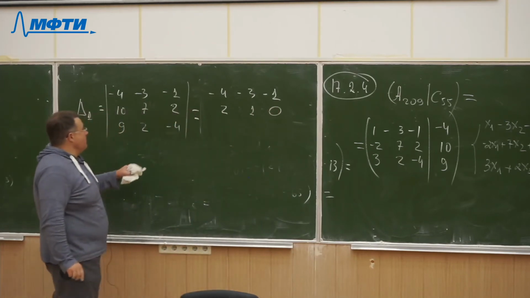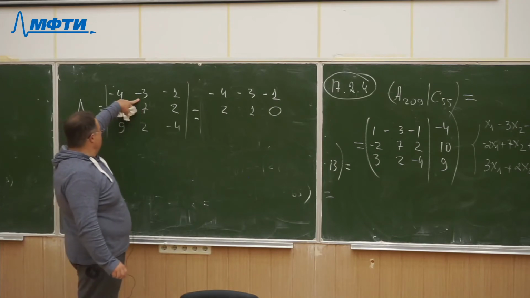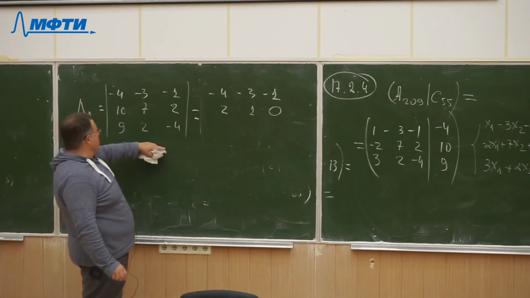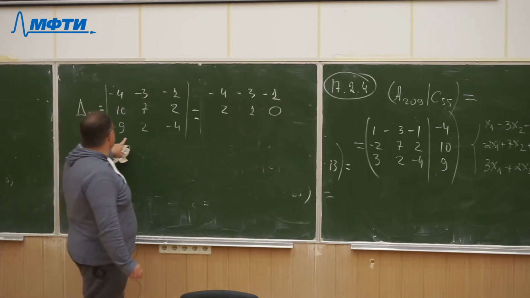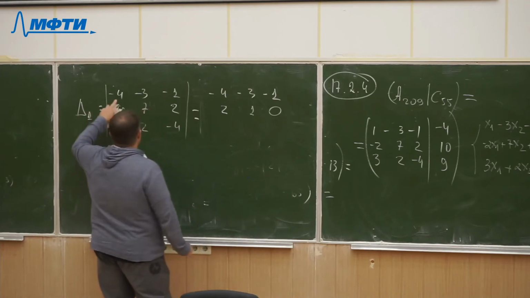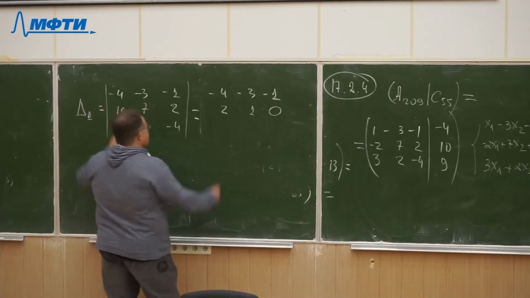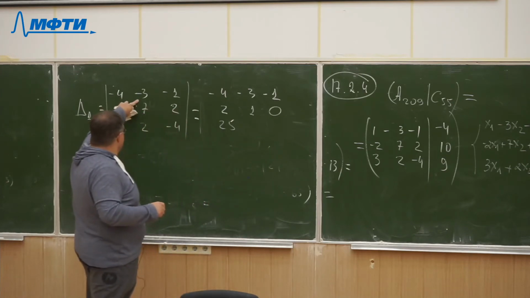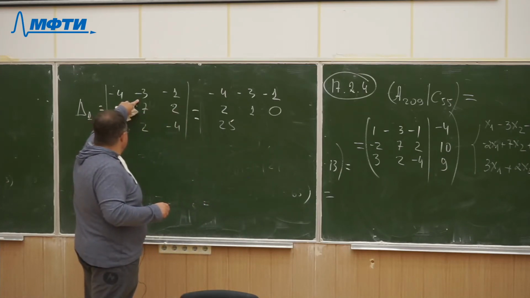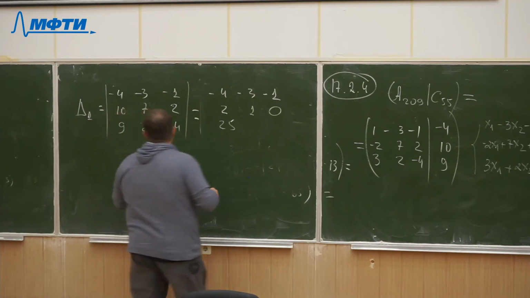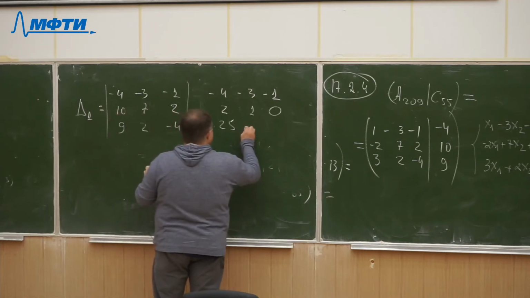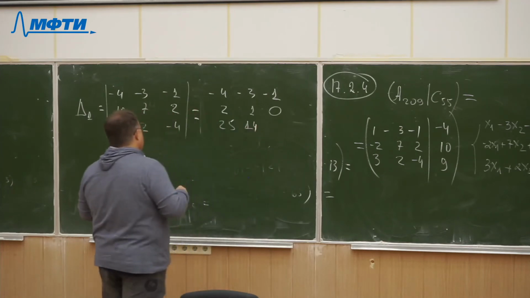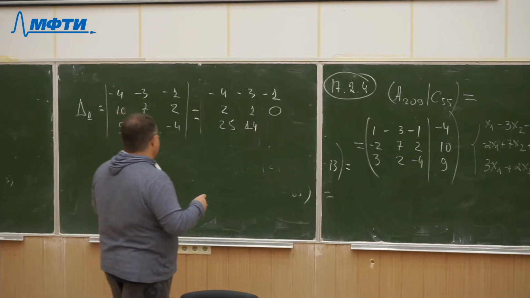Multiply the first row by 4 and subtract from the third row. 25, minus 12 plus 2, 14, 0.